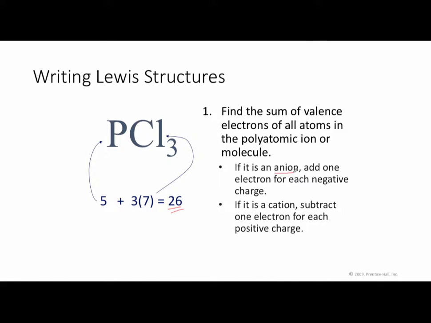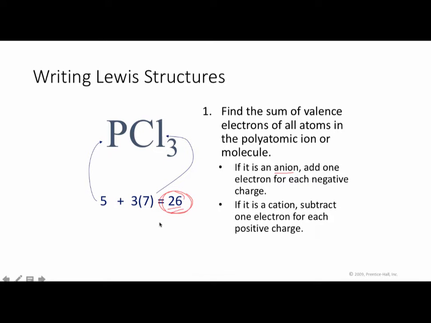If it is an anion, meaning it has a negative charge, you add one electron for each negative charge. If it's a cation, a positively charged ion, you subtract one electron for each positive charge. And bear in mind that that is the total number of electrons that you can have in that structure.